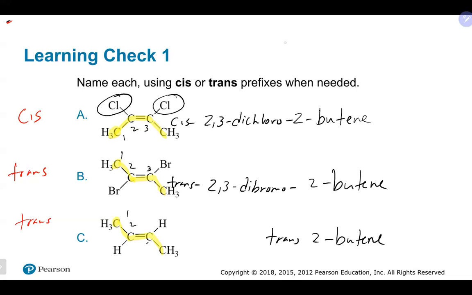So if I had this, would this be cis or trans?